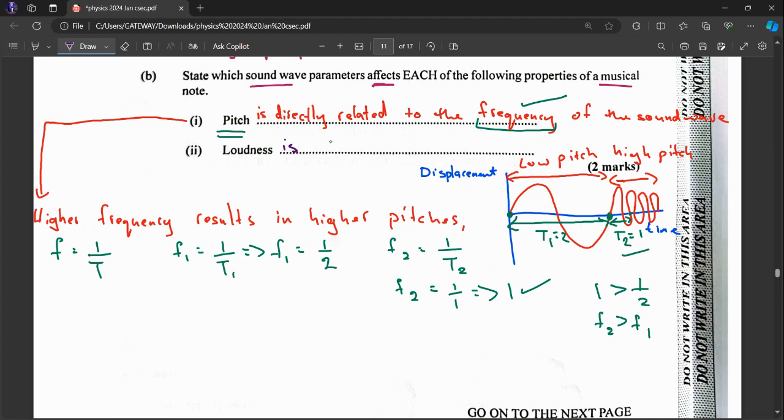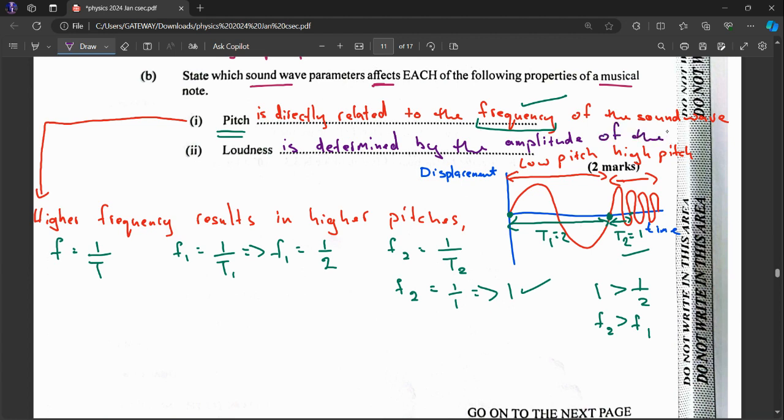So loudness is determined by the amplitude of the sound wave. Amplitude is the keyword that they're looking for.